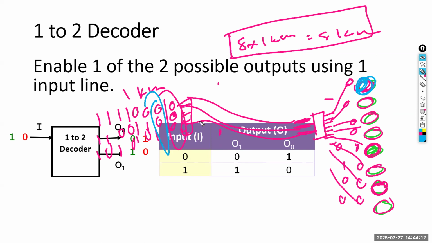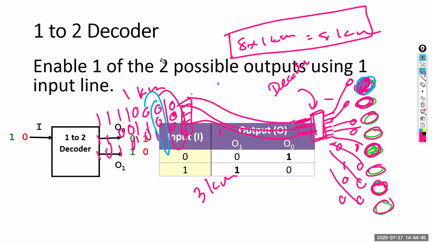Maybe this combination, only this is on, and now all the others are off. If you can come up with a circuit like this, all of a sudden I need only 3 kilometers of wires, not 8 kilometers. Forget about the neutral, because using these 3 lines and a decoder, I can enable one of the outputs at a time while all the others are disabled.